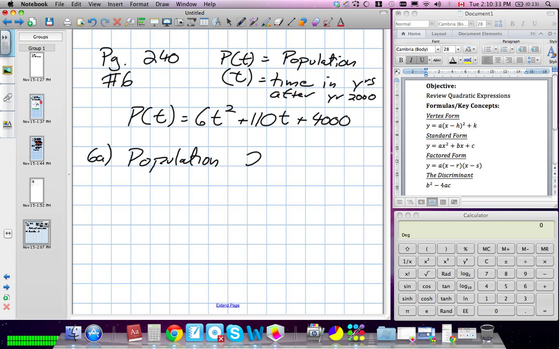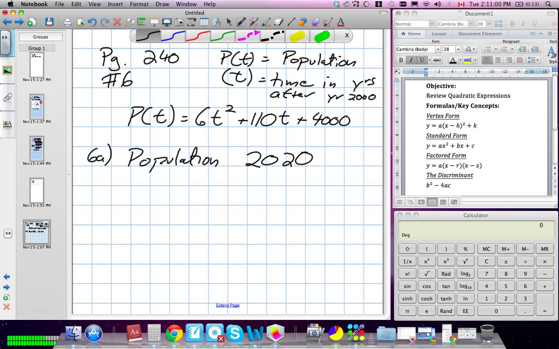So if in year 2000 t is equal to 0, what will t be in 2020? In other words, to find t in the year 2020, we take our new year, 2020, and subtract the base year, 2000. That's going to give us a value of 20.